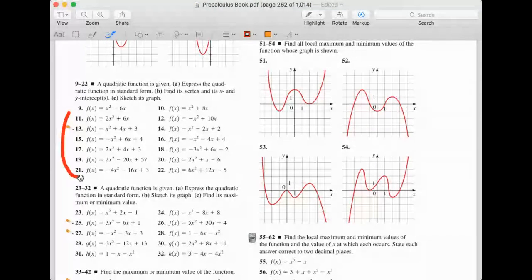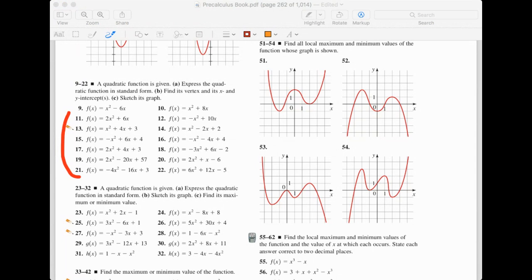So just skip, odd numbers. So 9 to 21, odd numbers. Let me put it in the chat. Also, I'm going to write it under the Blackboard content.